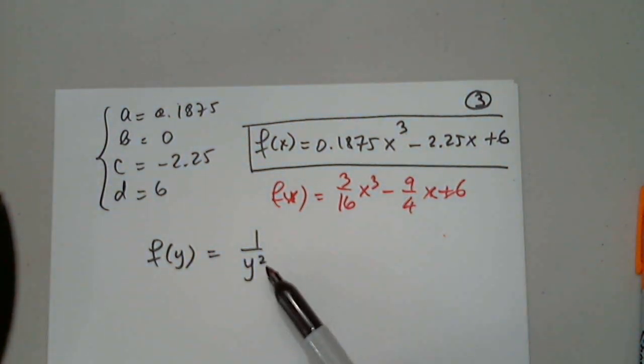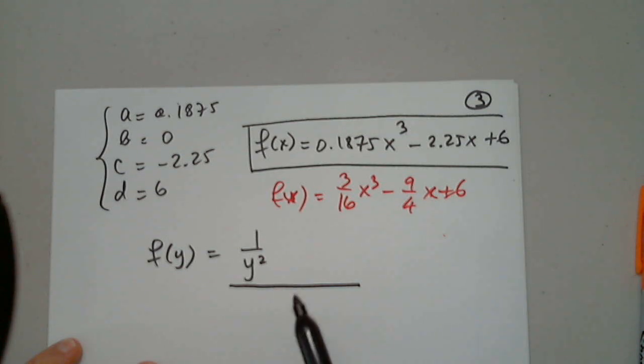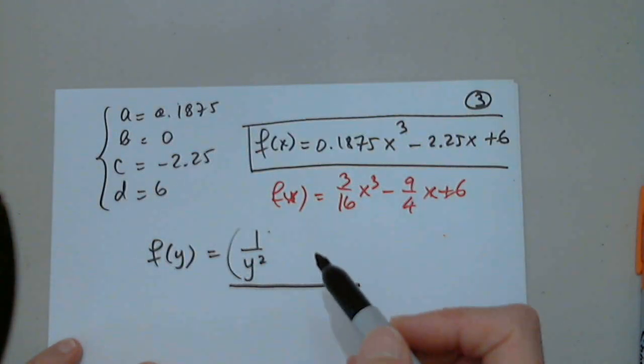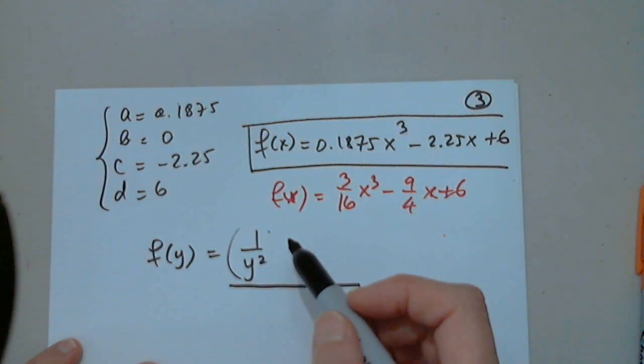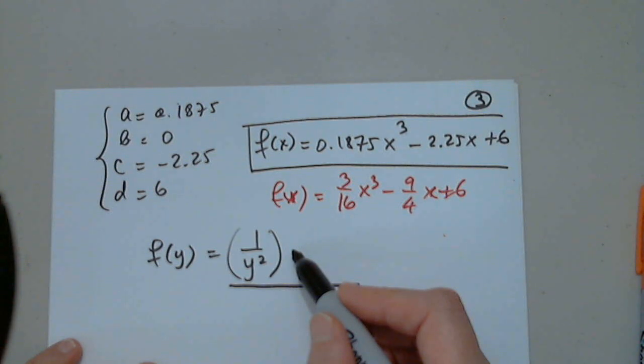Okay. So it would be 1 over y squared. So you're saying that there is a numerator and there is a denominator? No. So that first value is in parentheses. It's all multiplied. There's no division. Okay, I'm going to erase that. Yeah. Okay. So minus. And that's no. It's not close parentheses.